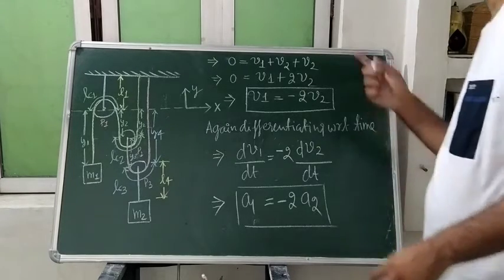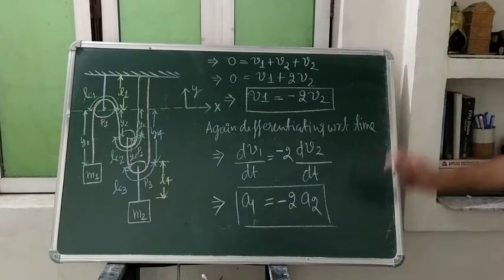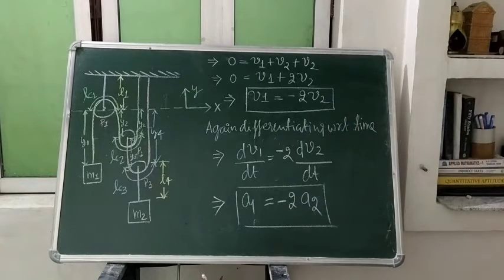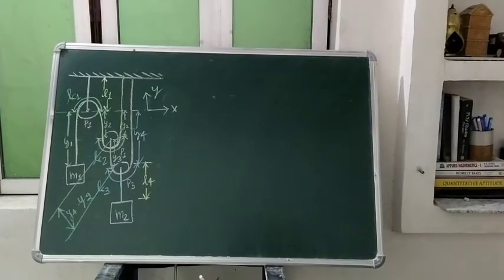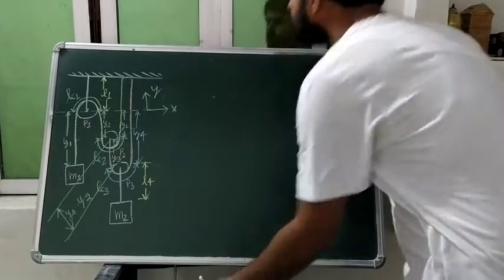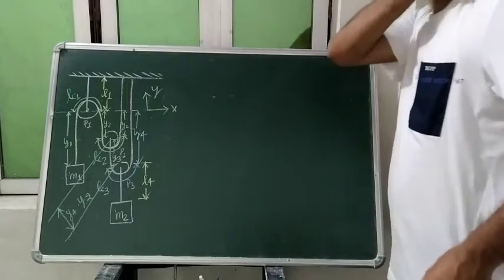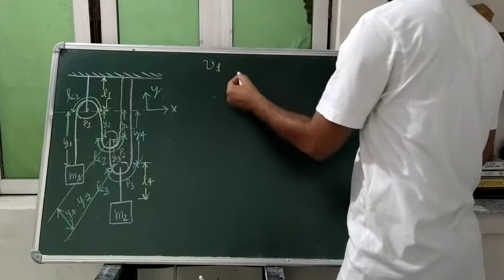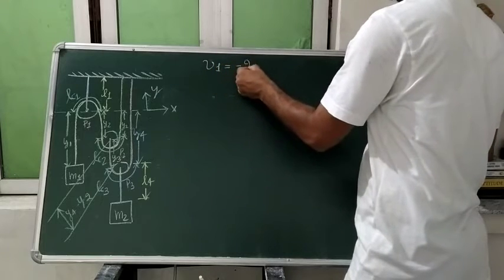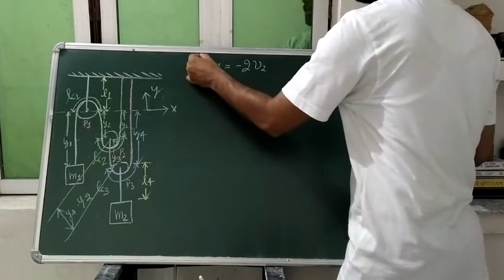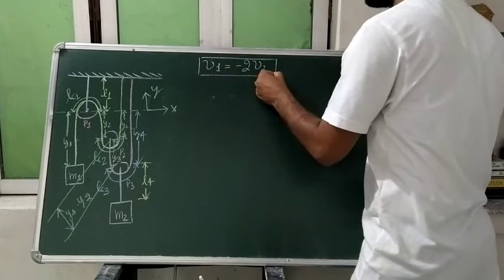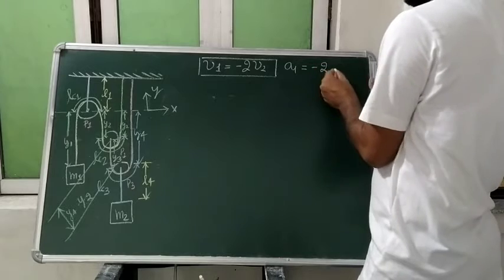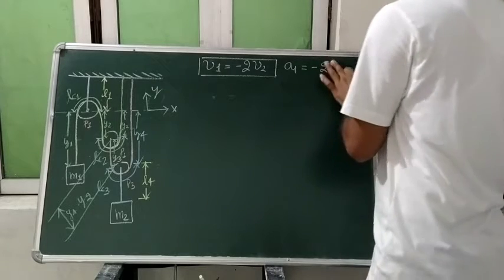Next we are moving to string 2. So string 1 is giving us this relation. Students, we have come to know the relation of v1 and v2. Our v1 is minus twice of v2, and acceleration is minus twice of a2.